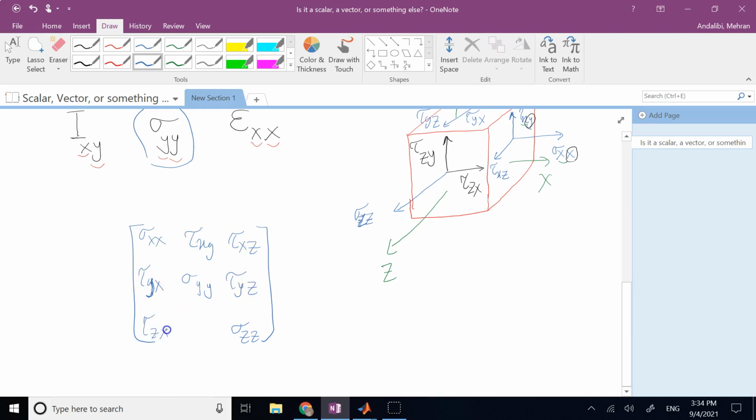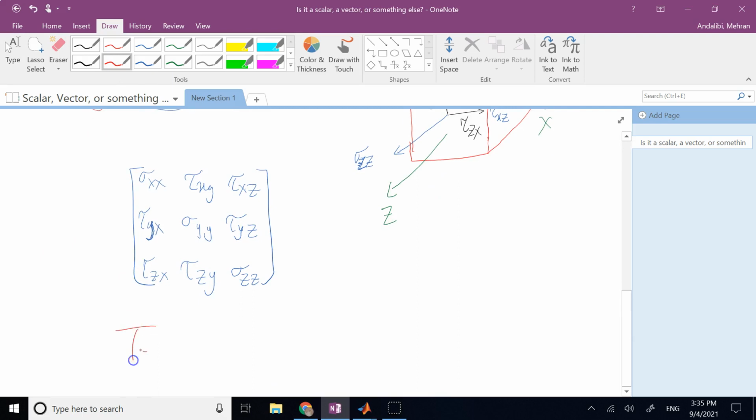They are the same. So tau_xz and tau_zx are the same thing. The same thing for yz and zy, and xz and zx, or xy and yx, right? So what kind of entity is this? This is what we call a tensor. What is a tensor? A tensor is like a generalized vector.